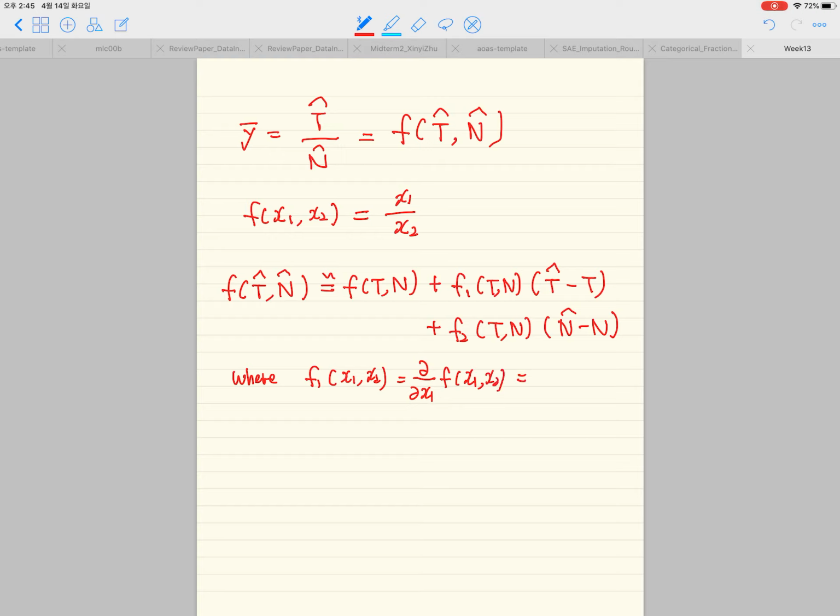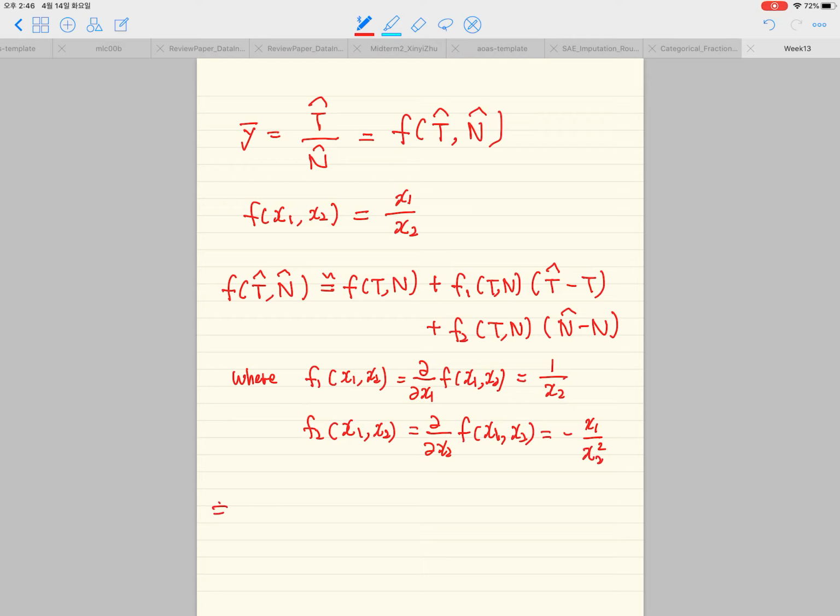In this case f is x1 divided by x2, so if you differentiate with respect to x1, it becomes 1 over x2. And f2, the derivative with respect to x2, is minus x1 over x2 squared.